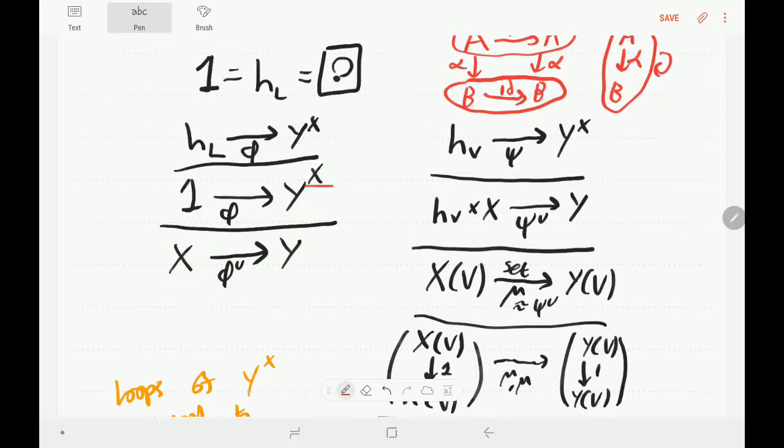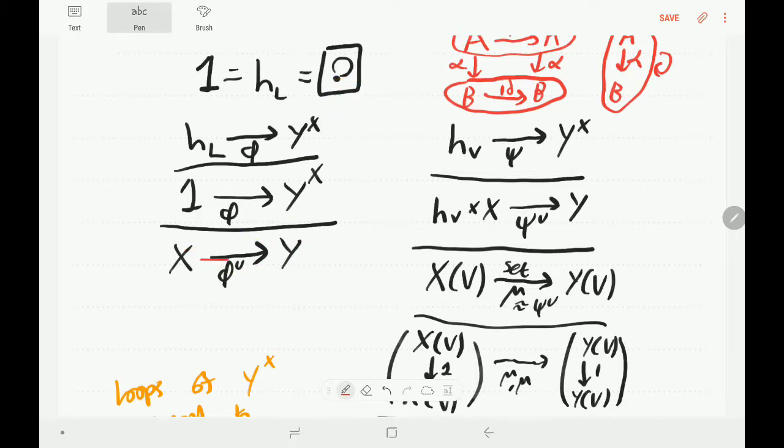Why? Because we're allowed to take this x downstairs and put it here when we go from this adjoint thing to the original thing. And so it's actually technically going to be a morphism from 1 times x to y. But 1 times x is isomorphic to x.